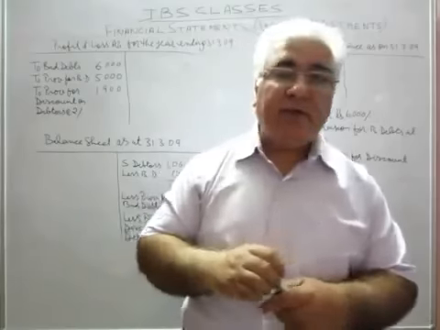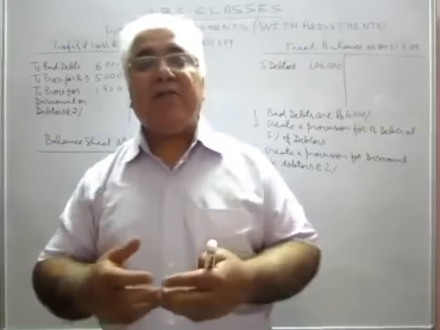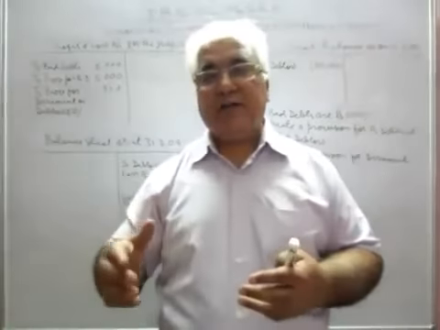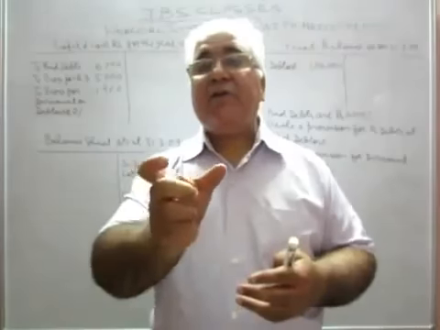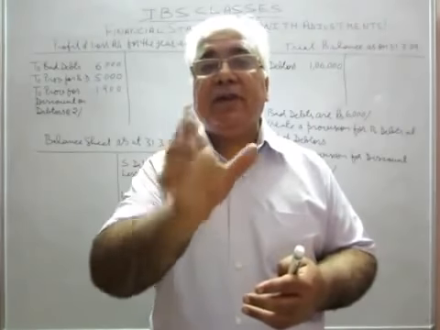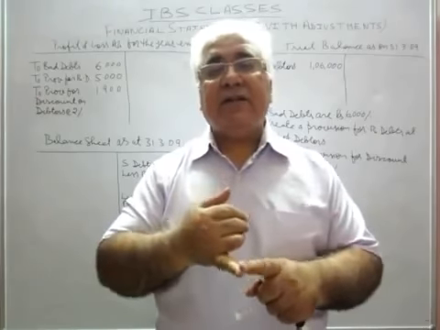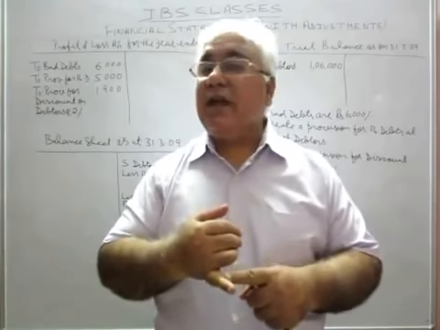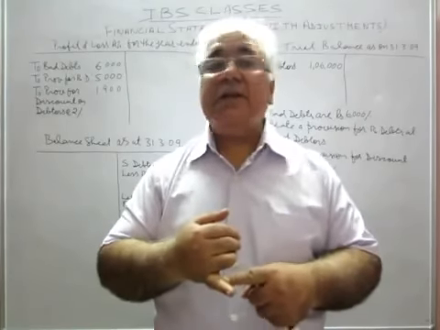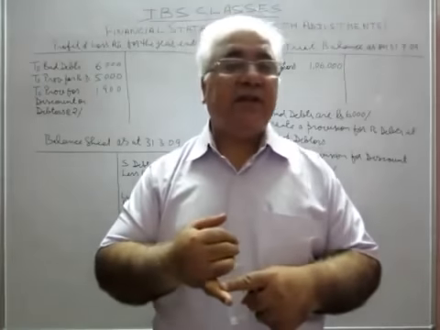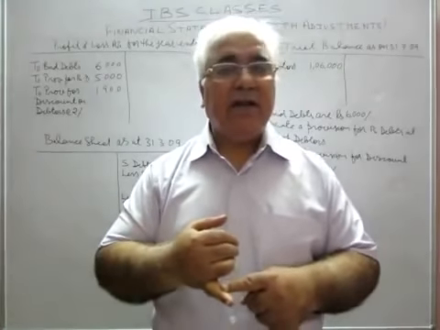Now one thing you must remember, that while creating provision for discount on debtors, on which amount it should be created, this should be noted very carefully. First of all, from the amount of debtors, you must reduce if there are any further bad debts. That means any bad debts given outside the trial balance, right?